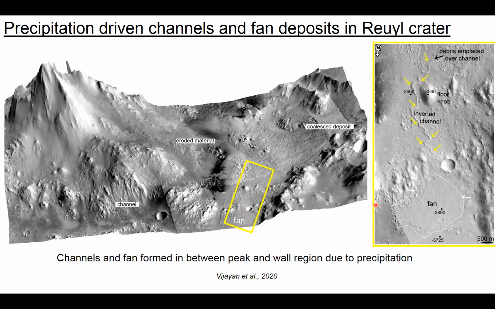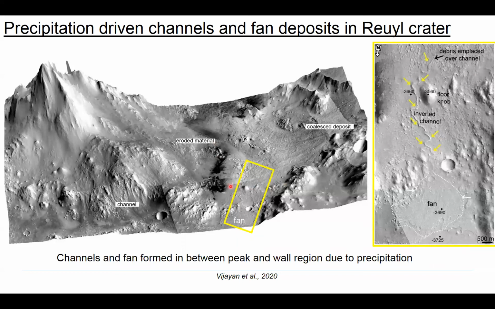Exactly, the fan and the inverted ridge are formed on the flat surface, on the floor of the crater, and the sources are coming from this part and this one.